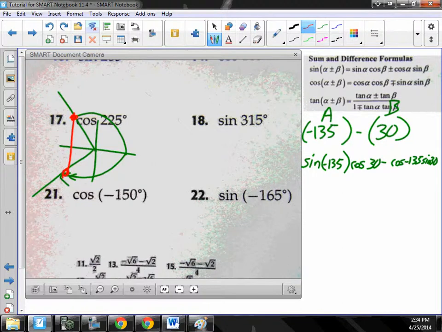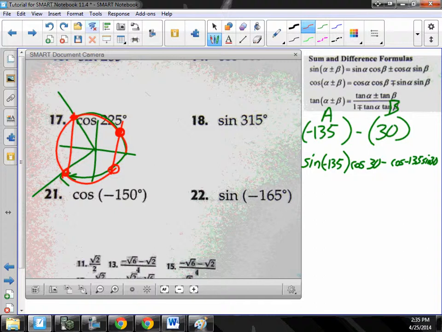Positive 30 and negative 30 are vertical from each other. Positive 340 and negative 340 are vertical from each other. So if you find a positive angle that lands in quadrant 4, all you have to do is go straight up, and that's the equivalent negative angle. Okay? So if you go to 135 and you go straight down, you hit 225.